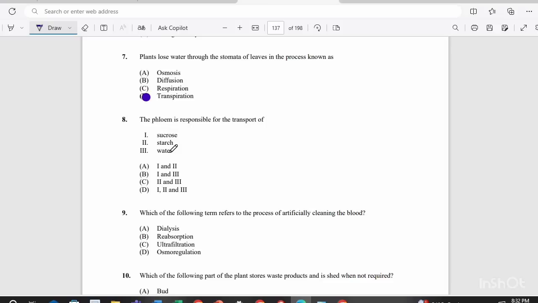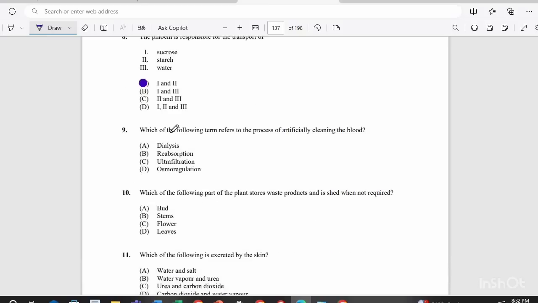The answer there would be B, for sucrose and starch. No, the answer there would be A, for sucrose and starch, not B. The xylem vessel would be responsible for transporting water.